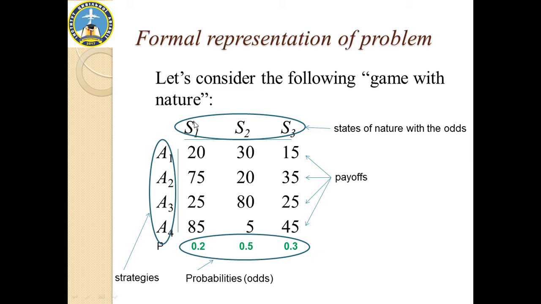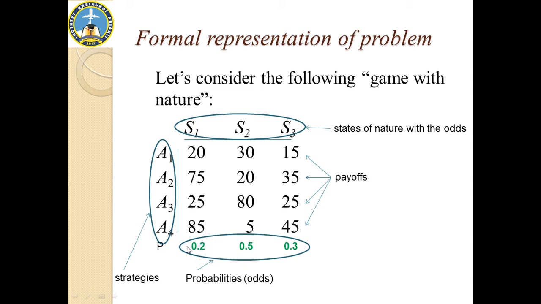Formally, we denote them as S sub 1, the first state of nature, S sub 2 and S sub 3, as shown here. Every state of nature is assigned a probability, or odds, with which that particular state of nature will turn up.